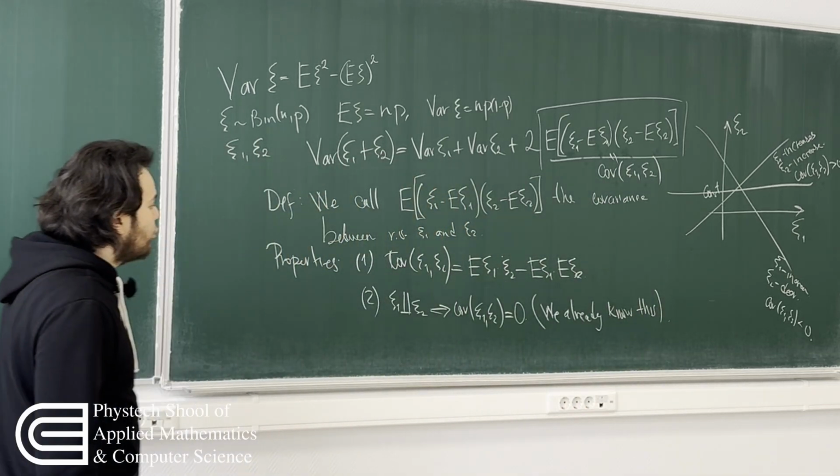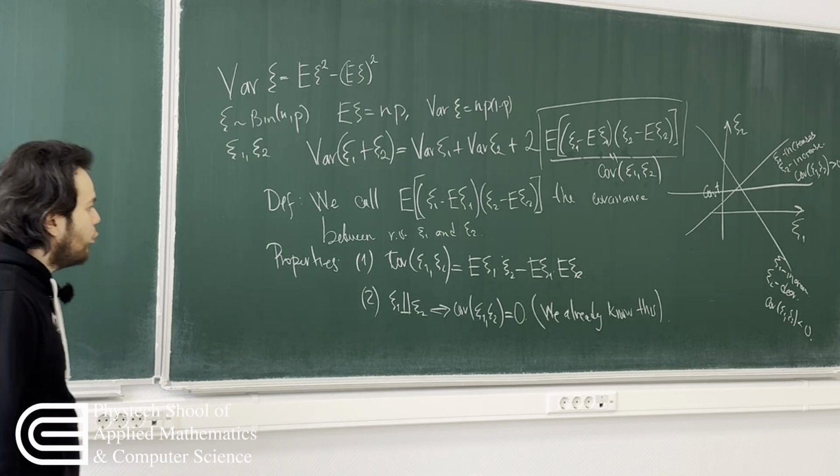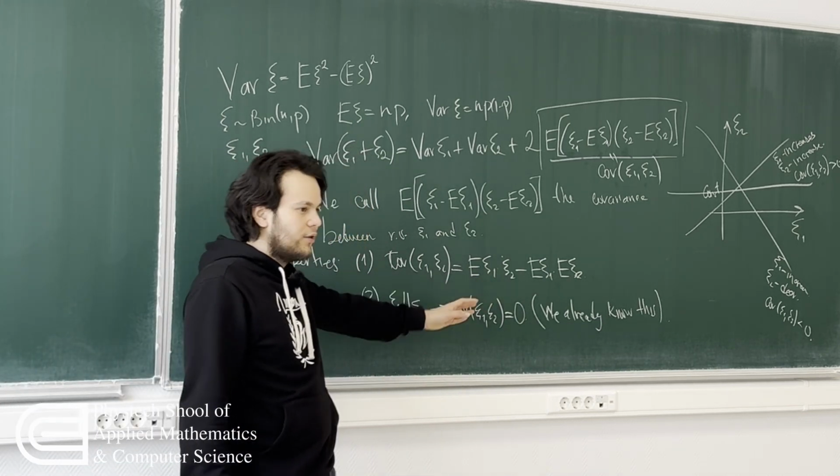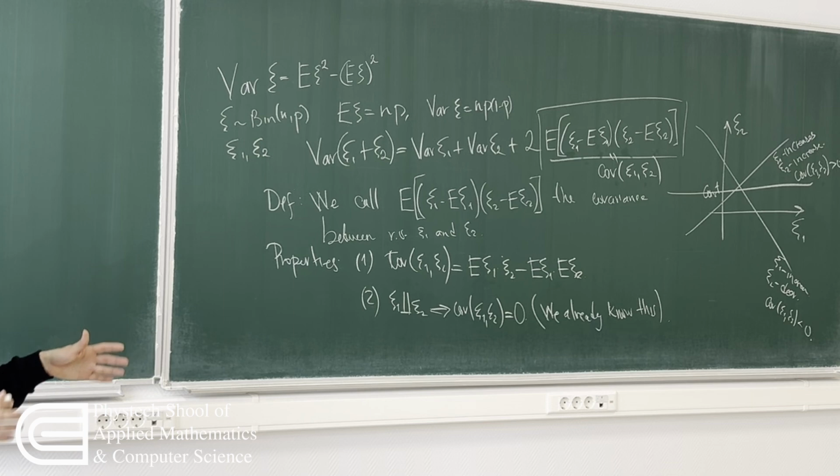We already proved this part, right? If psi1 and psi2 are independent, then the covariance is going to be equal to 0.